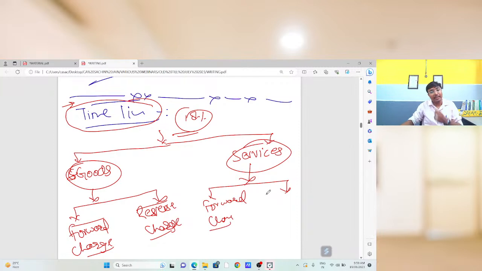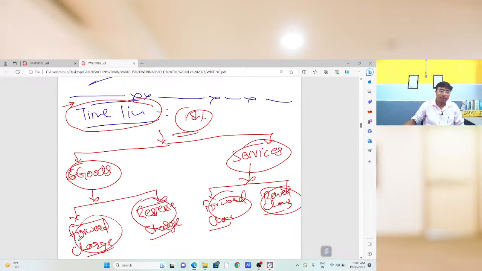I may supply my services under reverse charge. So conclusively, there are two situations. One is supply of goods, another is supply of services. In that case, I may supply the goods under reverse charge or under forward charge, under services, in that case of services, under forward charge or under reverse charge.